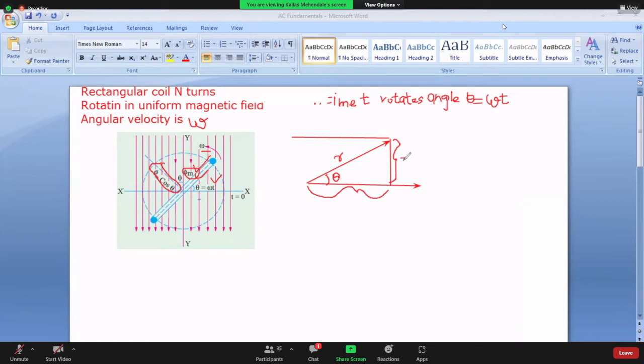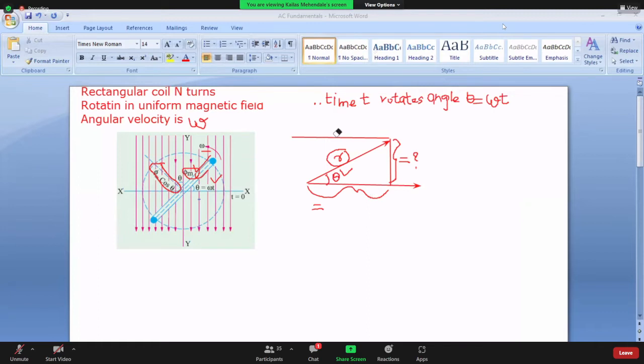I know the hypotenuse, or the diagonal, and I know the angle. Can you tell me how much is this, as well as this? Use R and the angle and sine and cos, some relationship. Simple thing, use basic trigonometry.